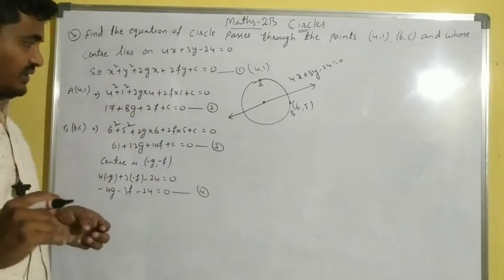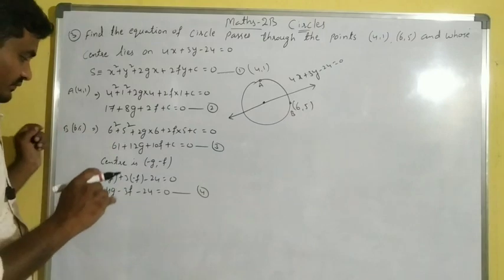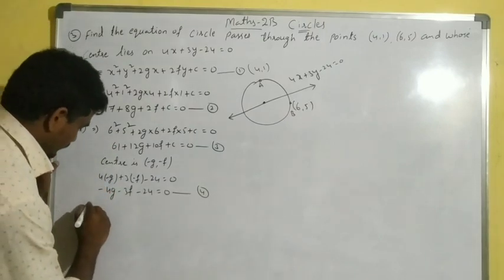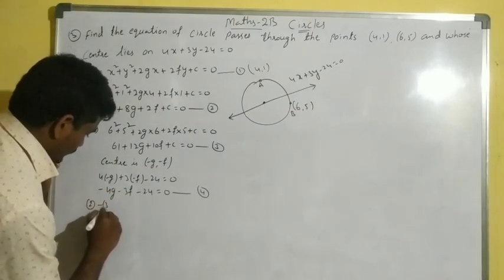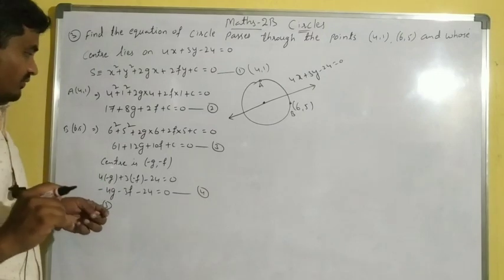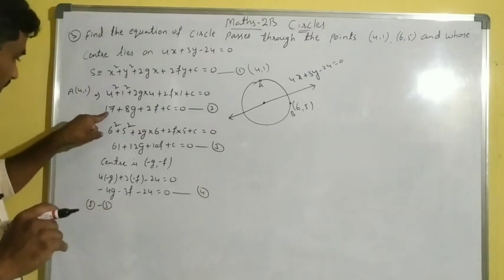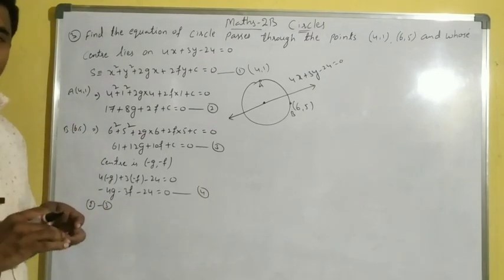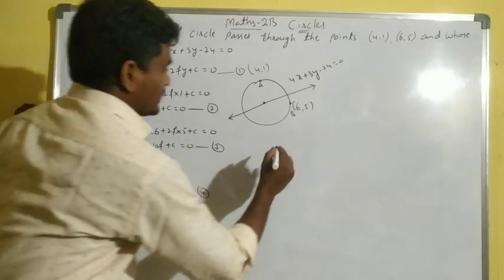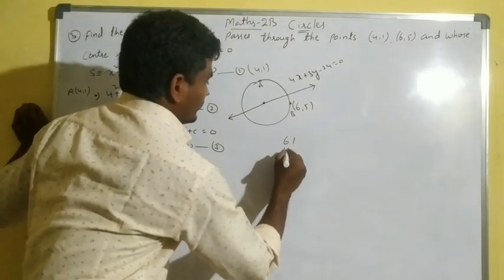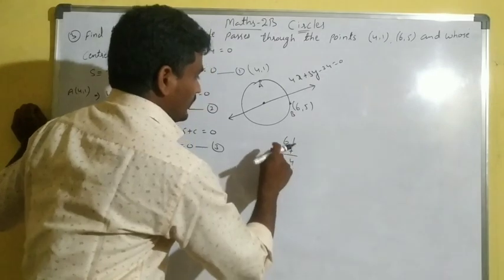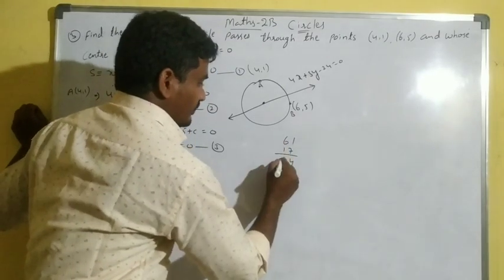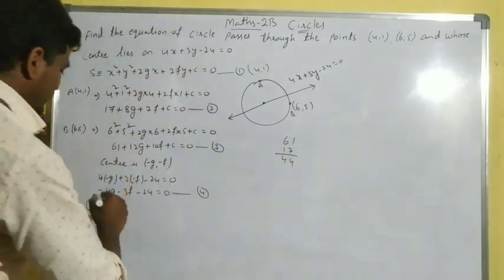Now we have to do second equation minus third equation. If you do that, 17 minus 61, what do we get? That means 61 minus 17, 5 minus 1 is 4, 44. That means minus 44.